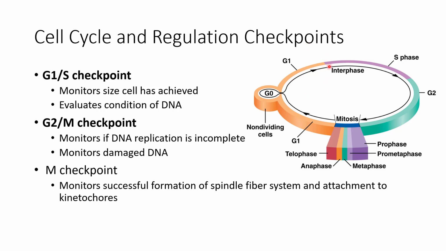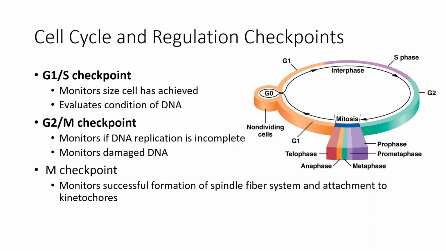So at the G1 S checkpoint, what decides if we can move from G1 into S phase? Well, the cell has been monitoring its size based off of those cyclins, the amount of cyclins being produced and what type of cyclins, and once we have enough of those, it can trigger us to move into S phase. It's also evaluating the condition of the DNA.